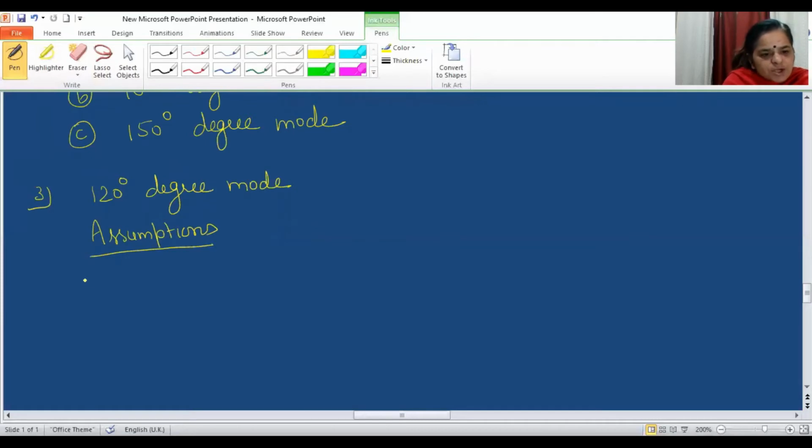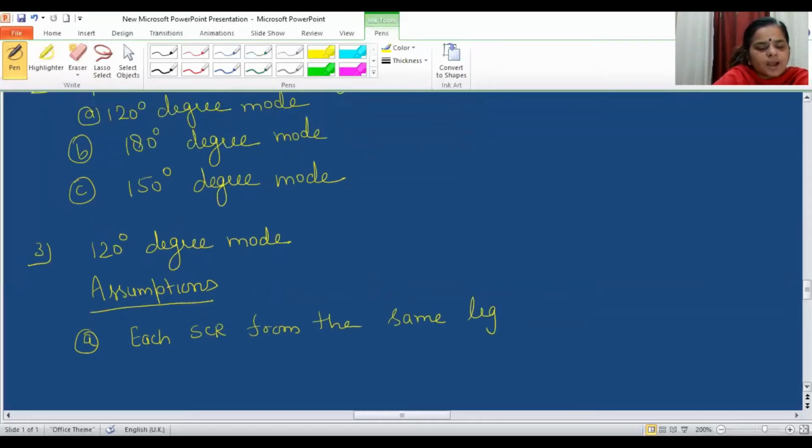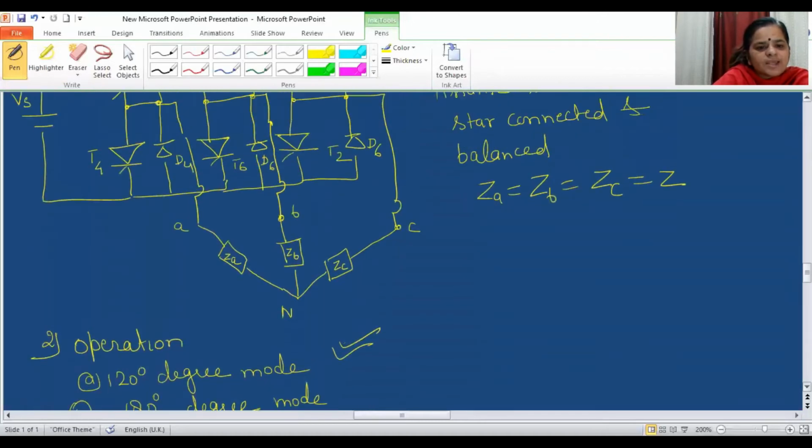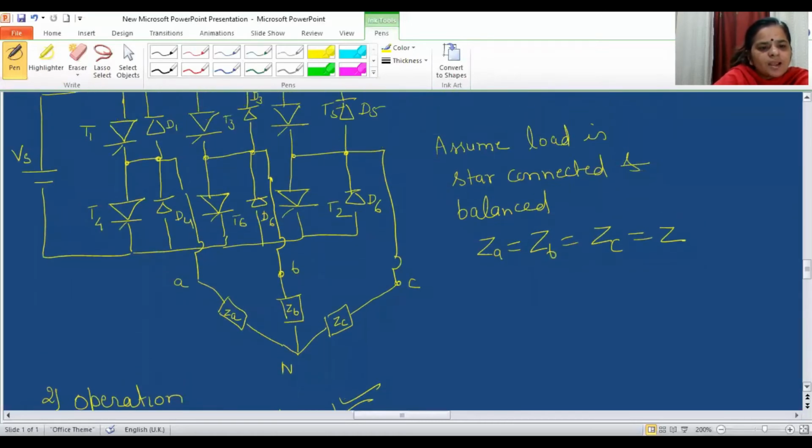The first assumption, A: each SCR from the same leg. Same leg means, as you can see in the power circuit diagram, there are 3 legs of SCRs. Leg 1 consists of T1 and T4, leg 2 consists of T3 and T6, and leg 3 consists of T5 and T2.